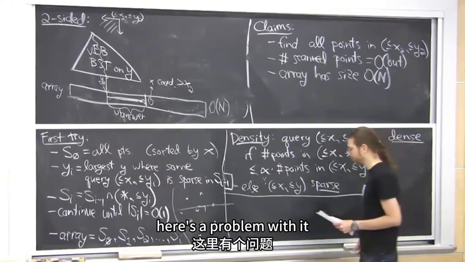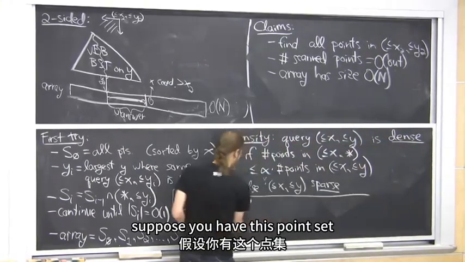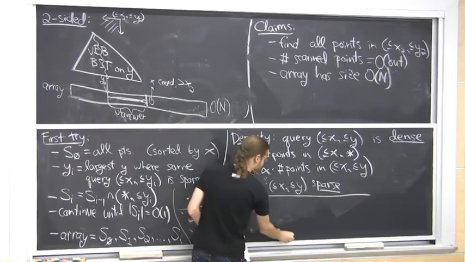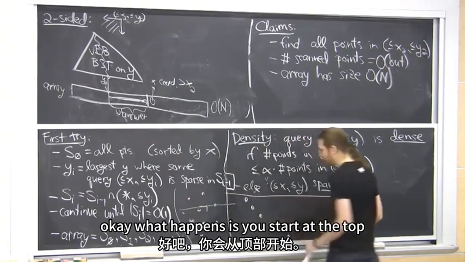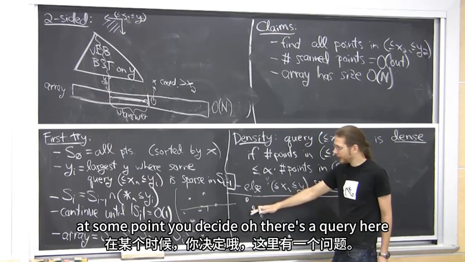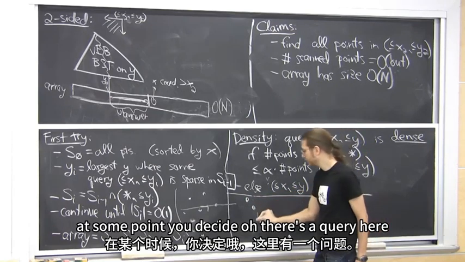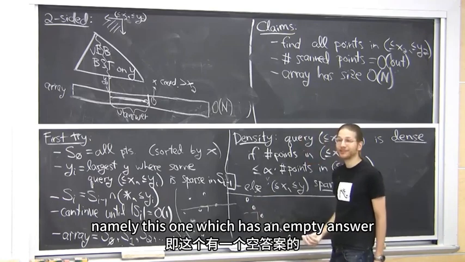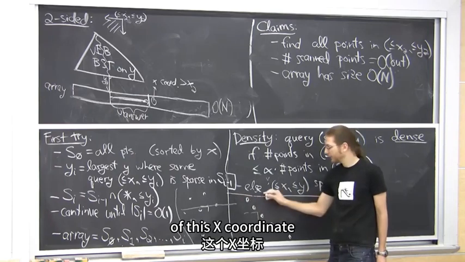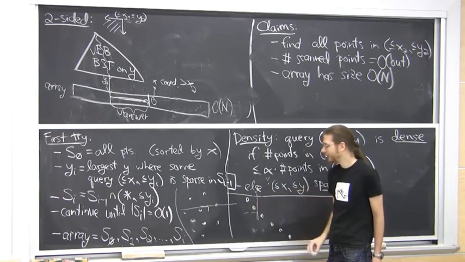Here's a problem with it. Suppose you have this point set. Okay, what happens is, start at the top, everything looks fine. At some point you decide, oh, there's a query here, namely this one, which has an empty answer, and yet there are points to the left of this x-coordinate, right? So that's bad.